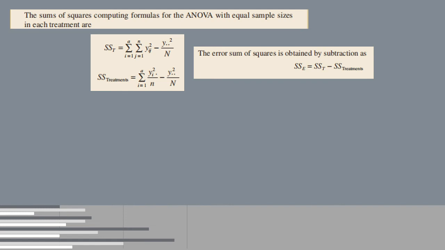Ito naman para dun sa error. The error sum of squares is obtained by subtraction as sum of square E equal to sum of square T minus sum of square treatment.